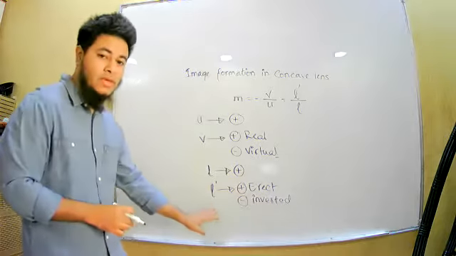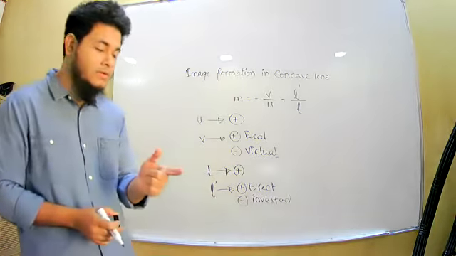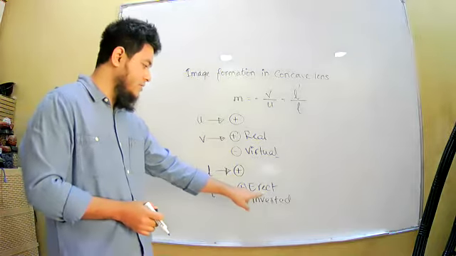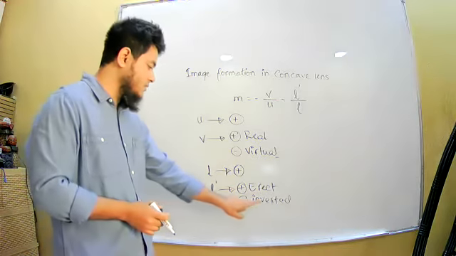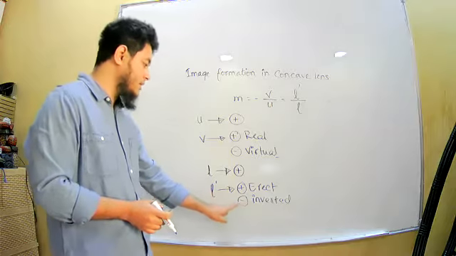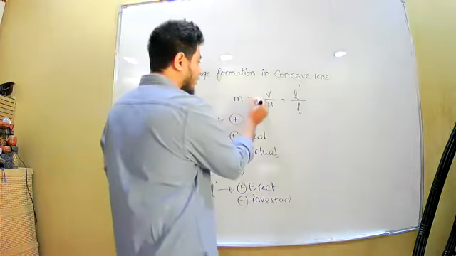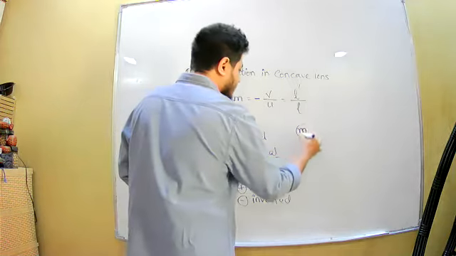This is the same as in reflection of light. In spherical mirror we saw this, that if the image is erect, L prime is positive, and if the image is inverted, then L prime is negative. Now let us try to find out what will be the sign of M.